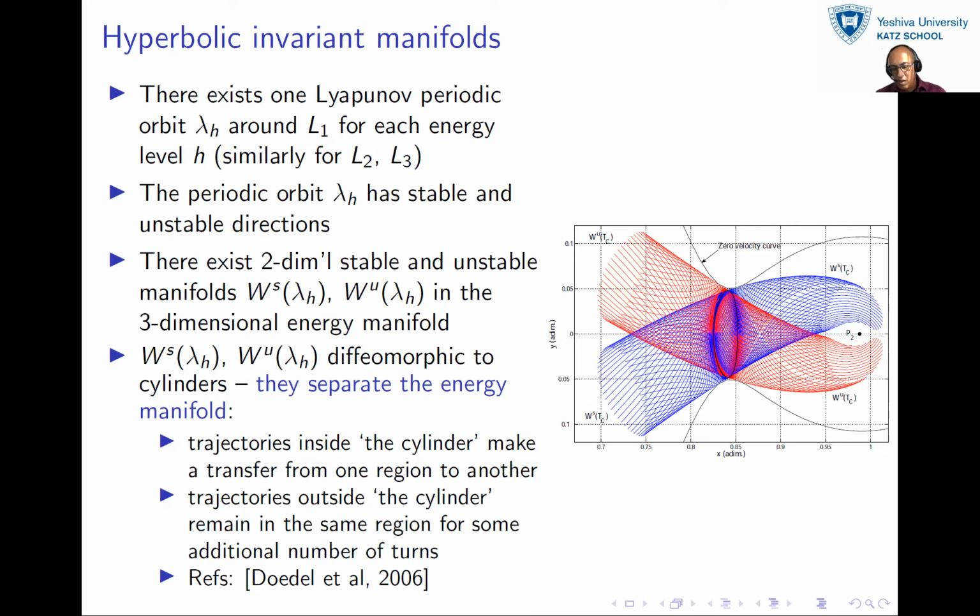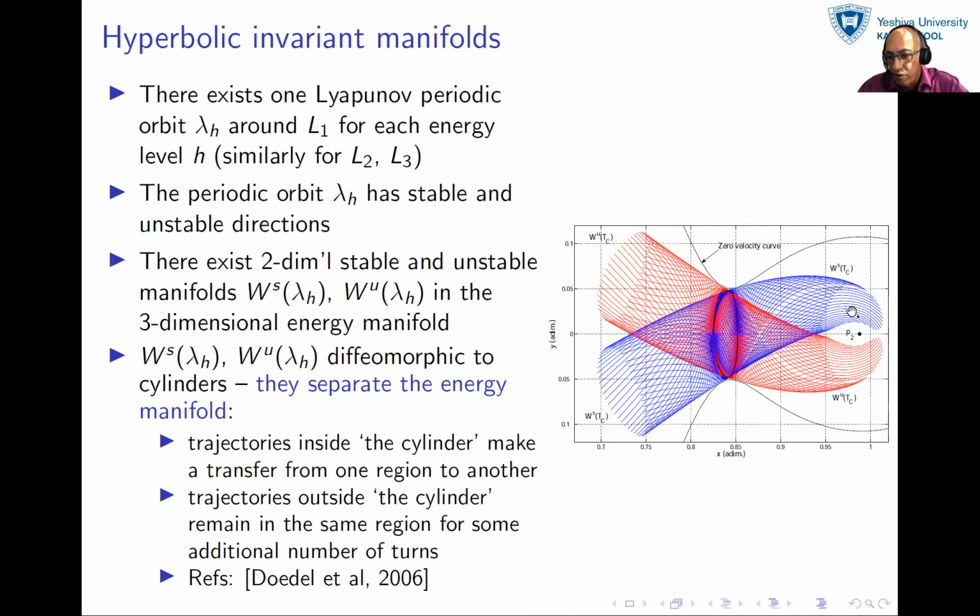So in this way, using these manifolds, you can get trajectories that go around the Earth, they go around the moon, they go through this bottleneck, which is by the Lyapunov orbit, and all of these motions require zero energy cost. So you have interesting trajectories around the Earth and the moon at zero energy cost.